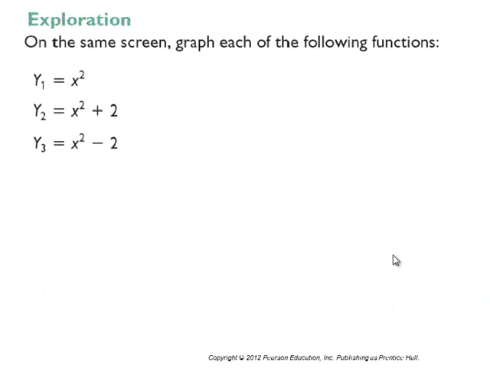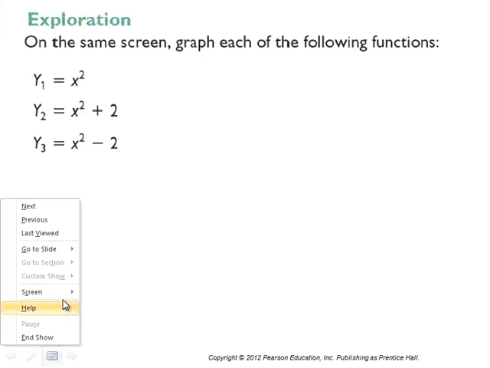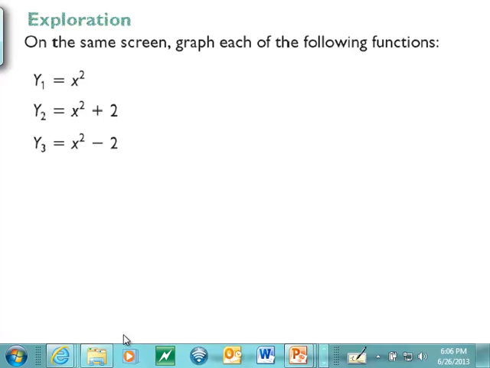Now, we're going to pull out our graphing calculators and plot these three functions. So pull out your graphing calculators. Let's take a look here. And I hope you're following along.